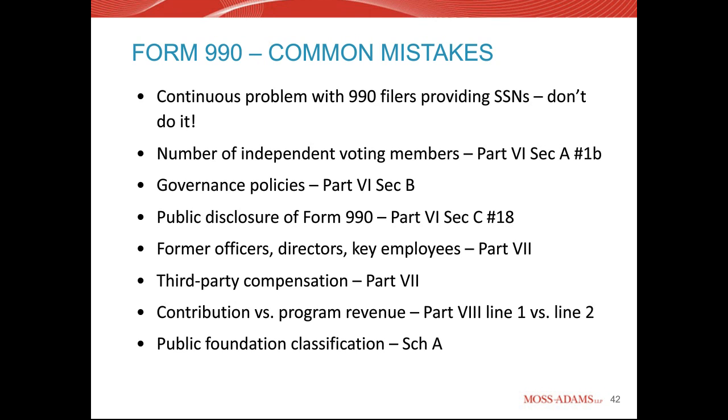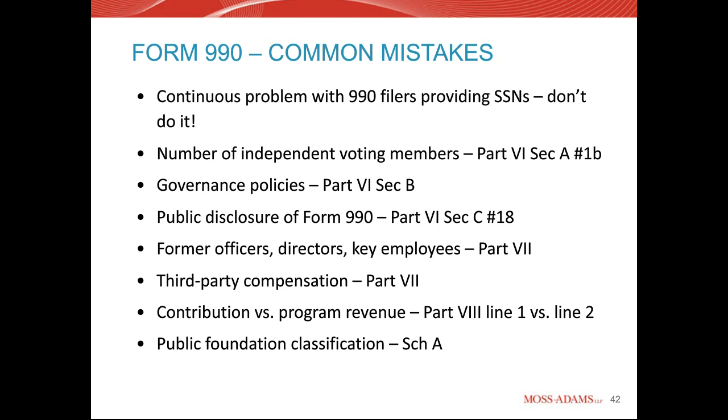So we're kind of looking at one-way revenue where no benefit is received back versus two-way revenue in exchange for services. A lot of times this takes some pretty detailed review of the contracts. It doesn't matter if it's called a contract, called a grant, called a contribution. You really need to look at the root of how this revenue is generated and what's happening after it's generated.